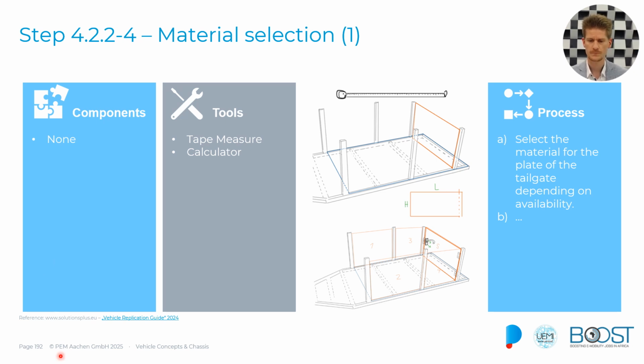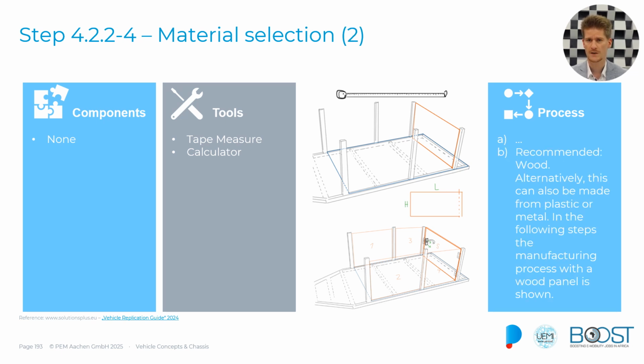So this makes things a lot easier. But again, if you have things that need to be super resistant, maybe going for metal would make sense at this point as well.